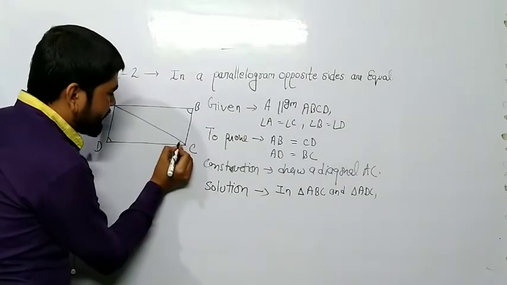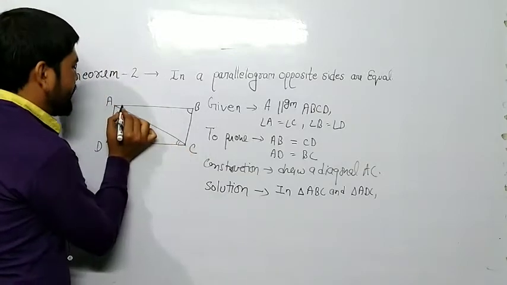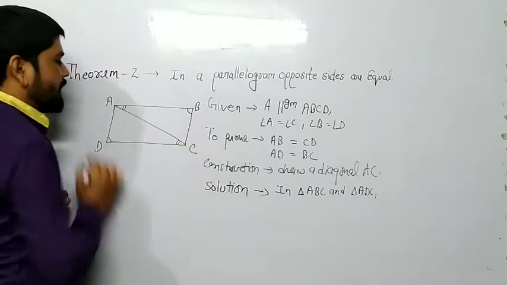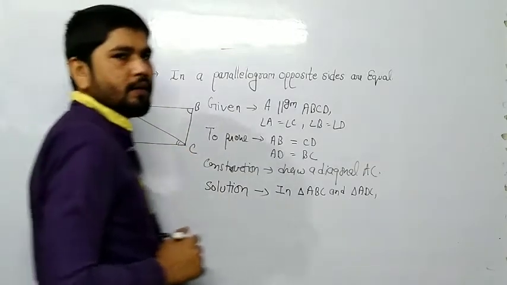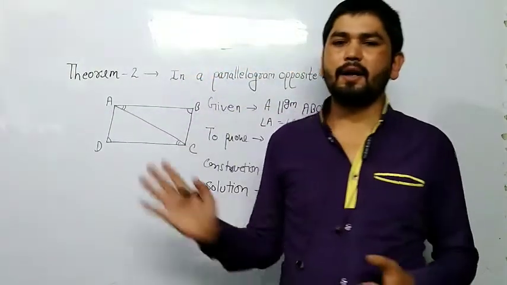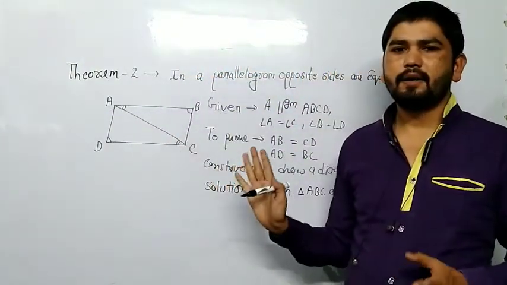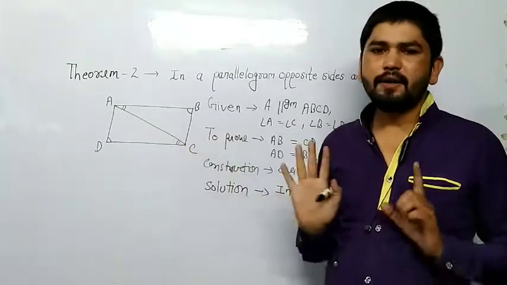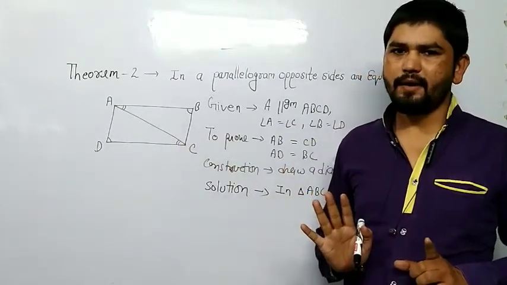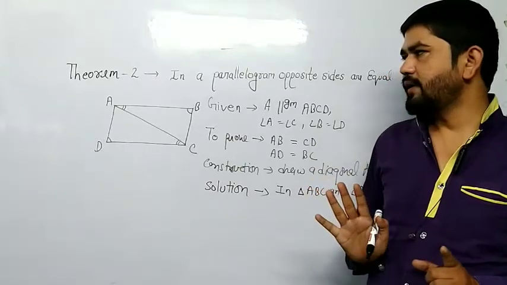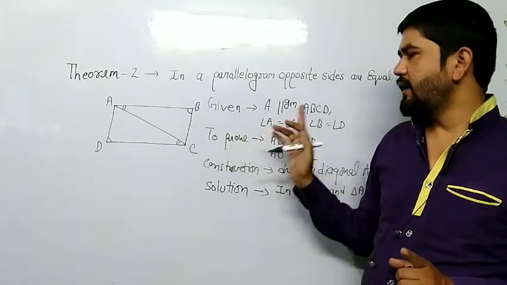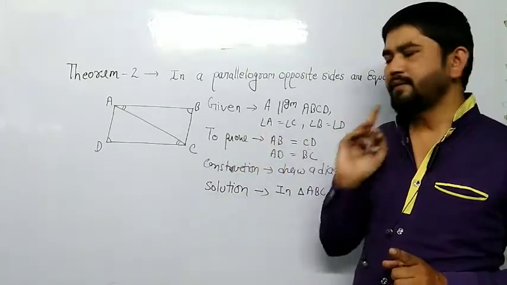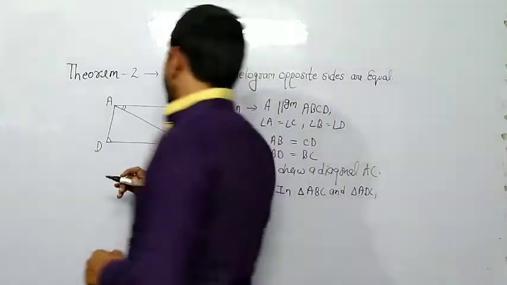That's why this angle is equal to this one. Why are they equal? Alternate interior angles. That's why these angles are equal here. Okay? Yes or not? Reply to me. These are alternate interior angles, yes. Now the third one you can see.